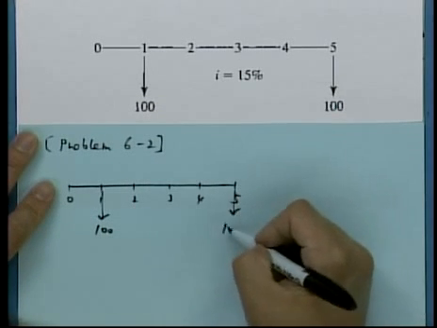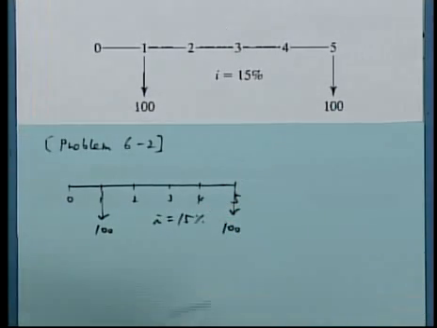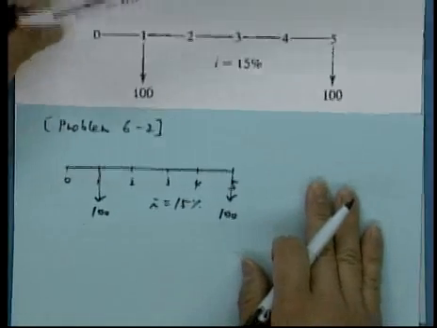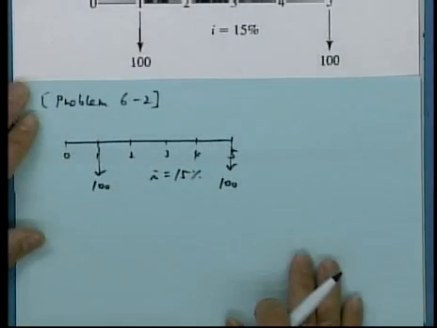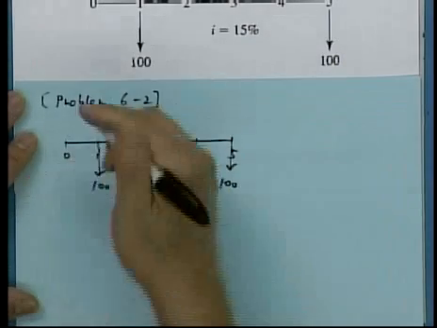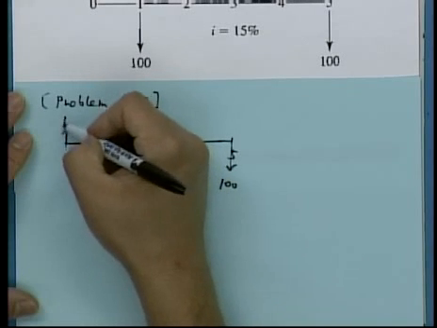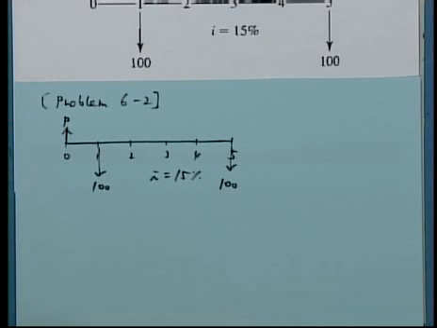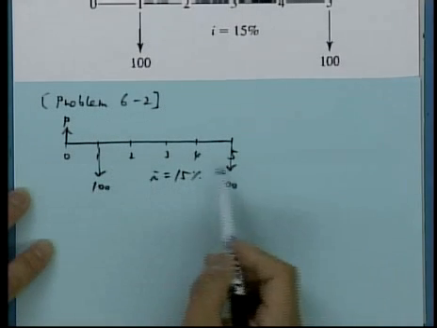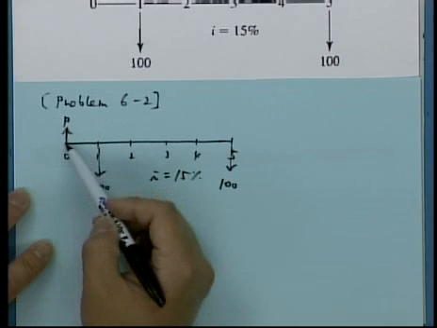At the end of period 5, another $100. So what I'm going to do is convert each of these future money to an equivalent present sum of P at the end of period 0.